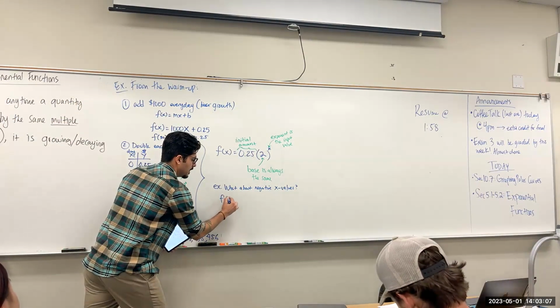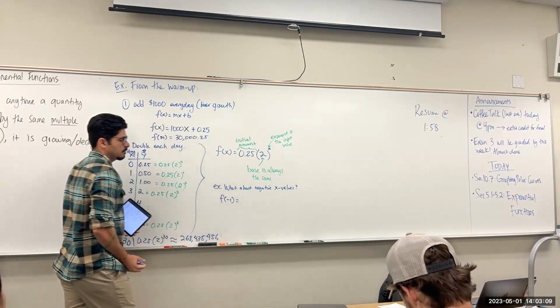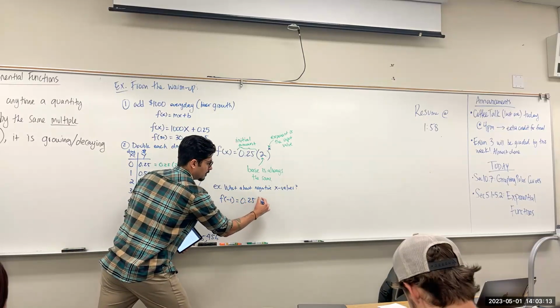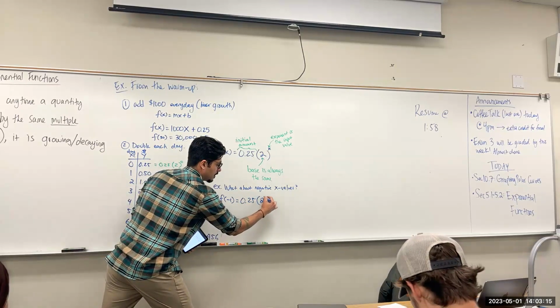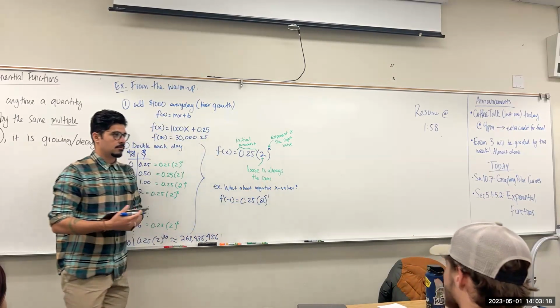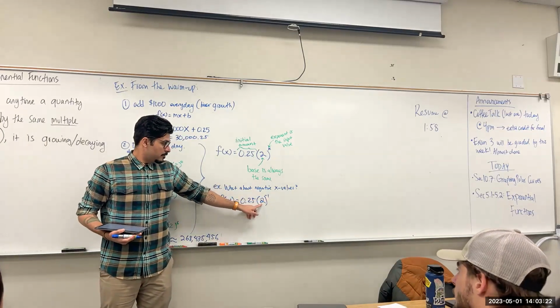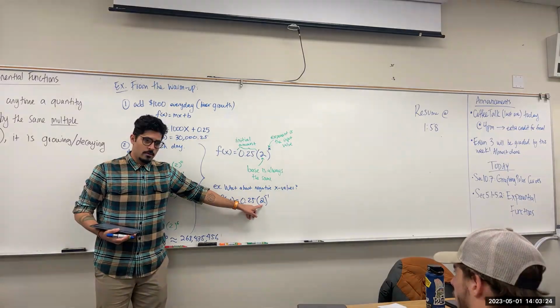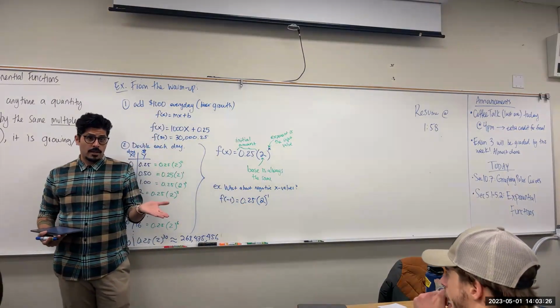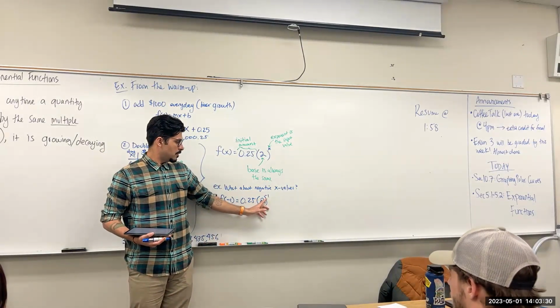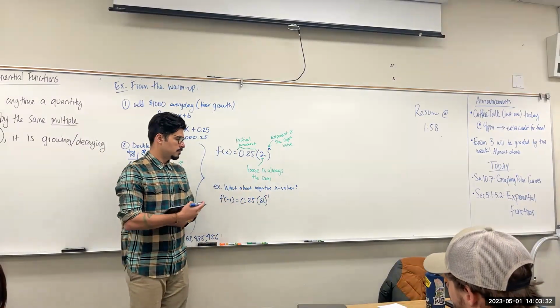Let's say you plugged in -1 into this function. It's going to be 0.25 times 2 to the power of -1. Does this make this a -2? Remember, we know the range, it can't be negative. So what do I do with this 2 to the power of -1?